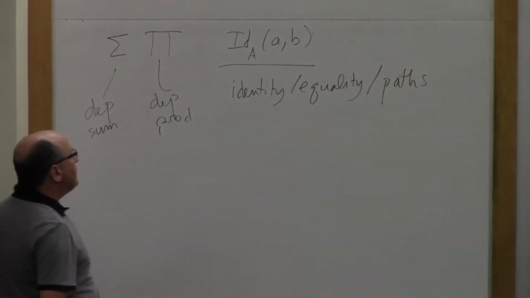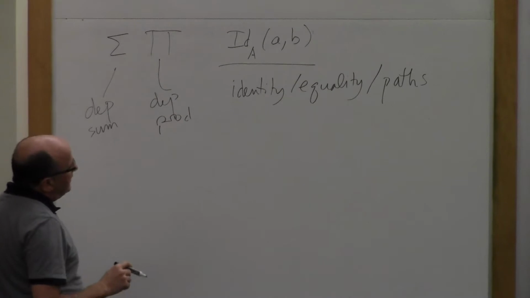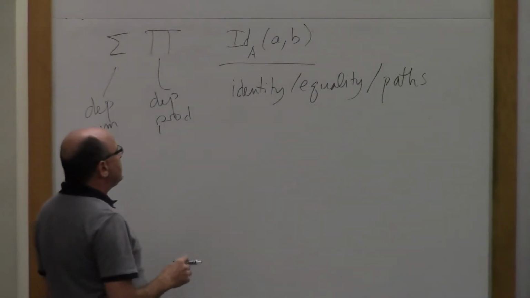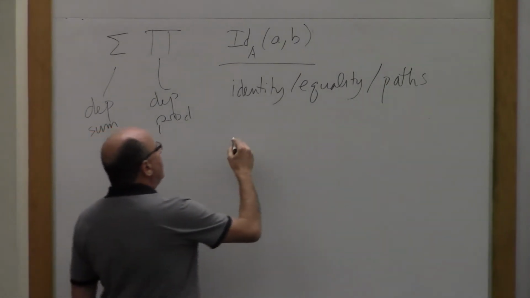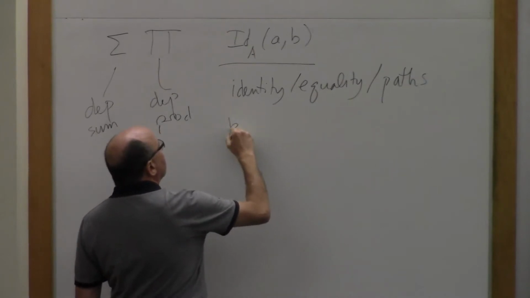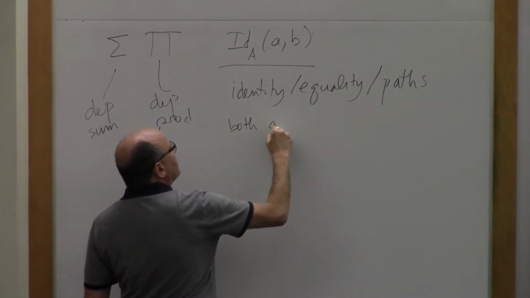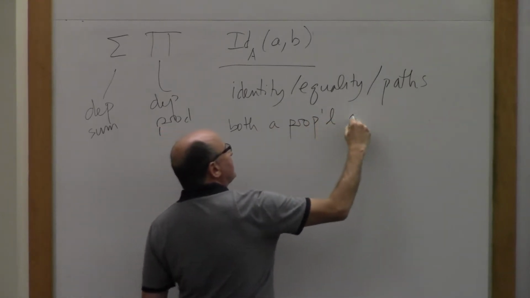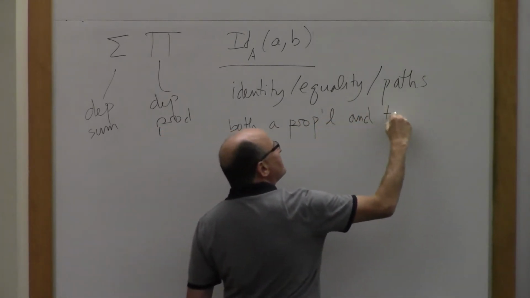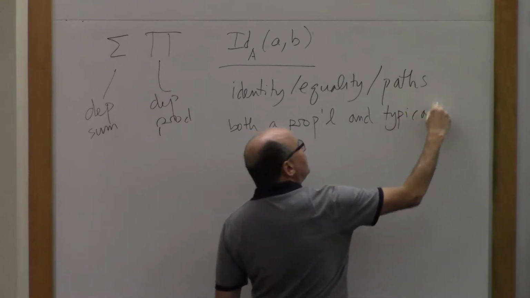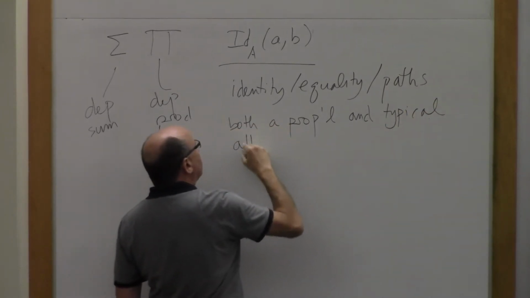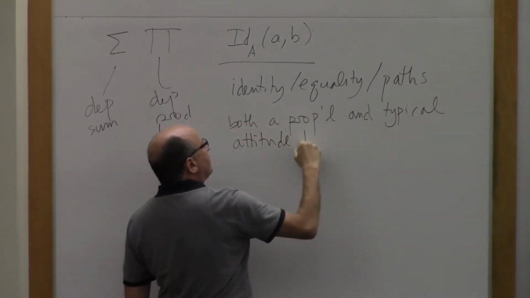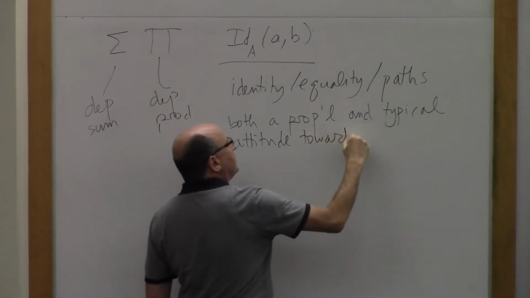And so the interesting thing about it that I was mentioning last time that I think is important is that, for lack of a better way of describing it, we tend to have both a propositional and a typical attitude toward this type, the identity type.